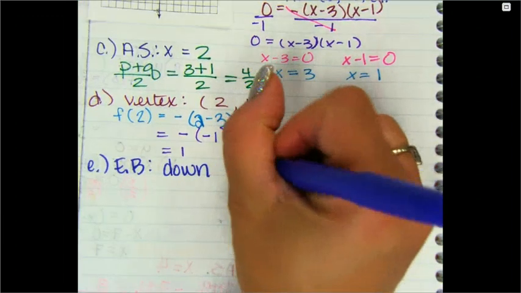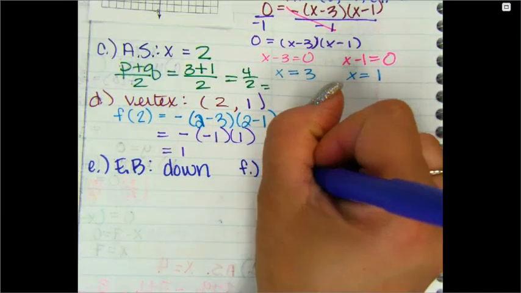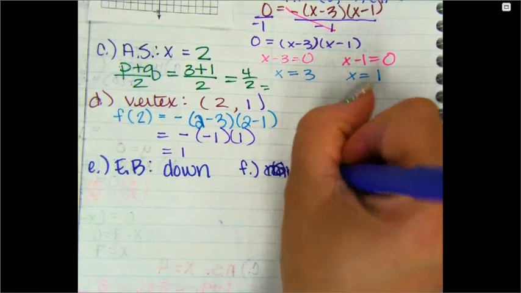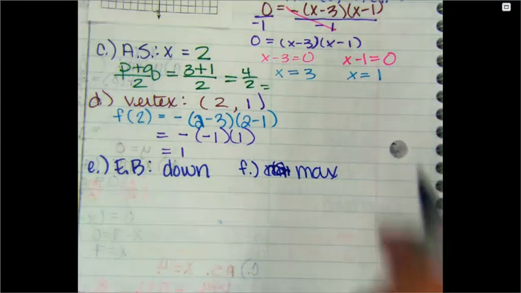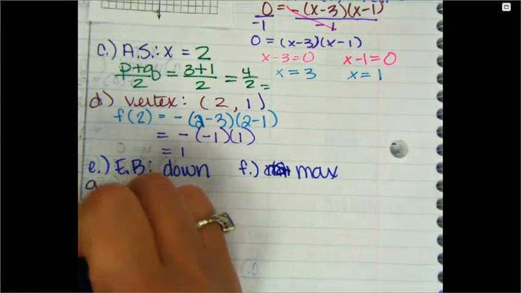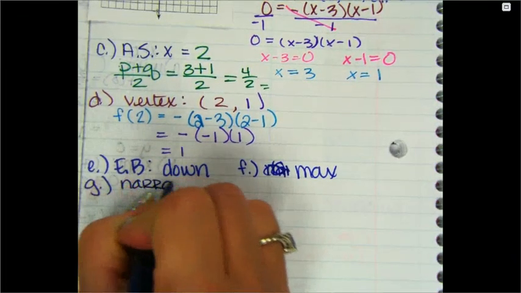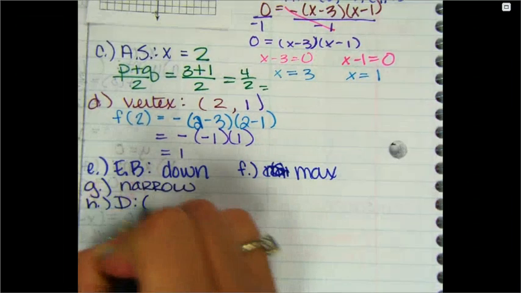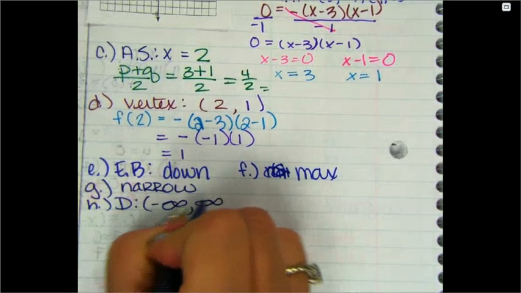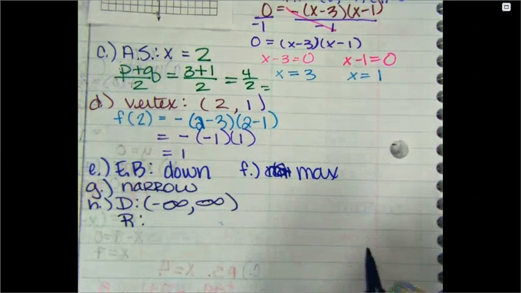Letter F. Max or min? Sorry, I was writing max or min, and then I just wrote min. Just max. Letter G. Narrow. Letter H. Domain is what? You should be checking your work, not writing frantically. Some of you are frantically writing.